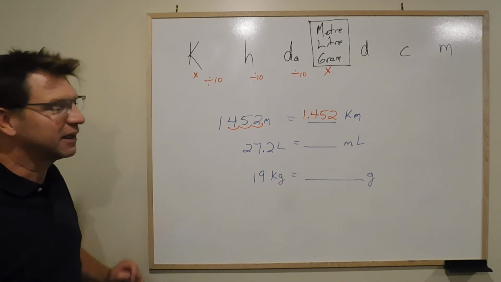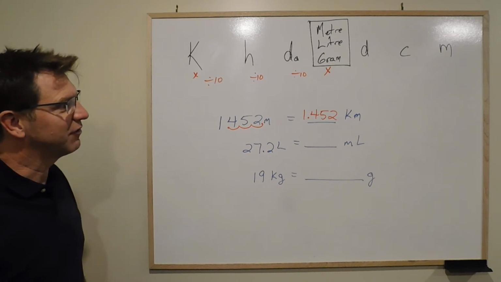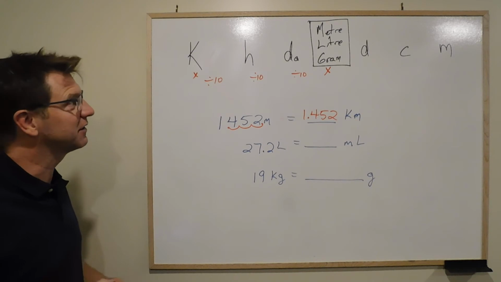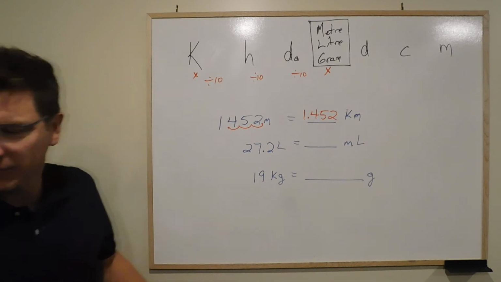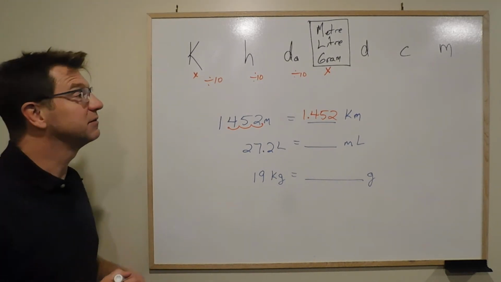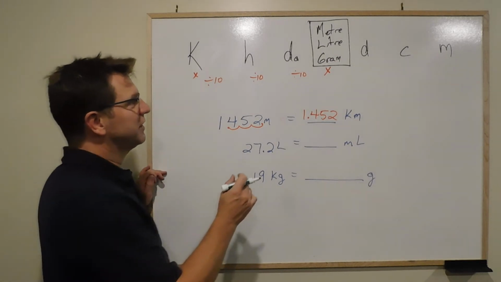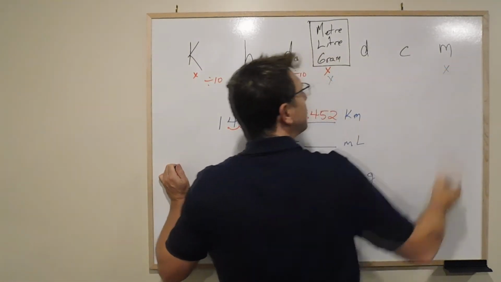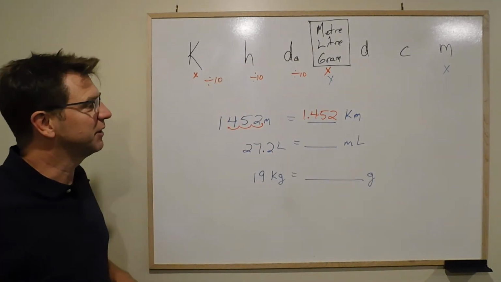If we look at the second one, 27.2 liters, and again, you might want to pause it and make sure you've got this under control. We're starting at liters and we're going to milliliters. Okay, liters to milliliters.